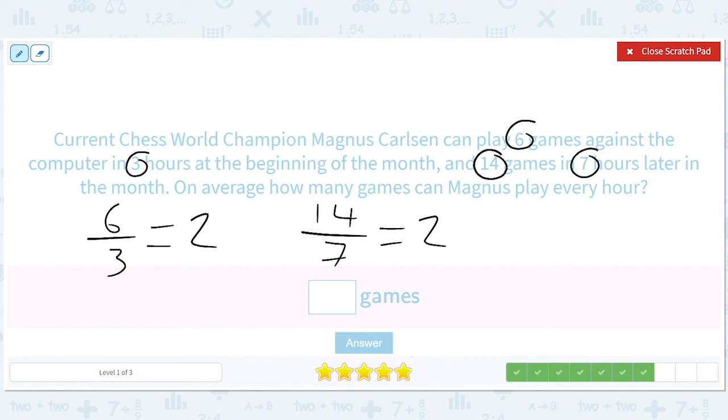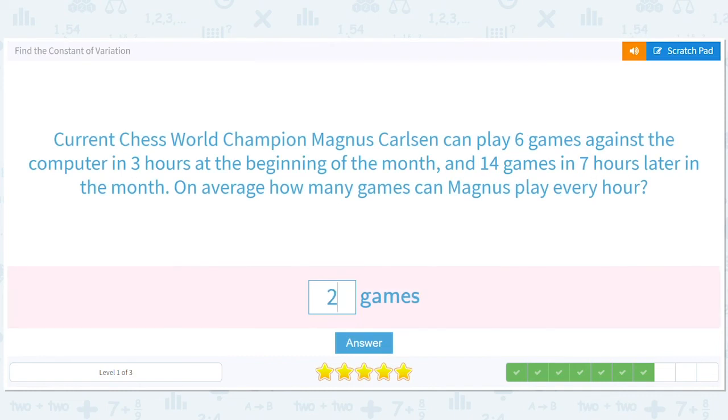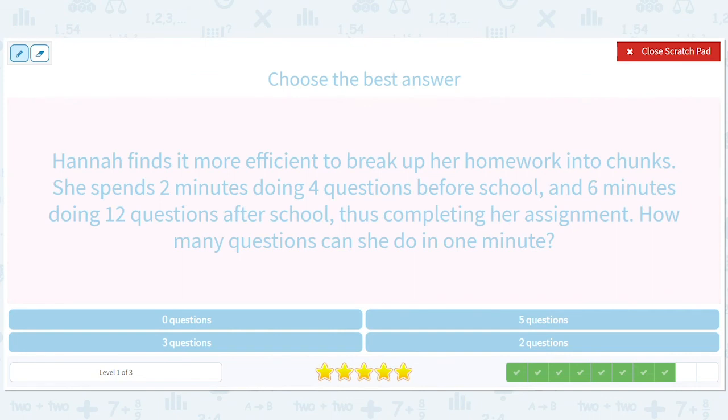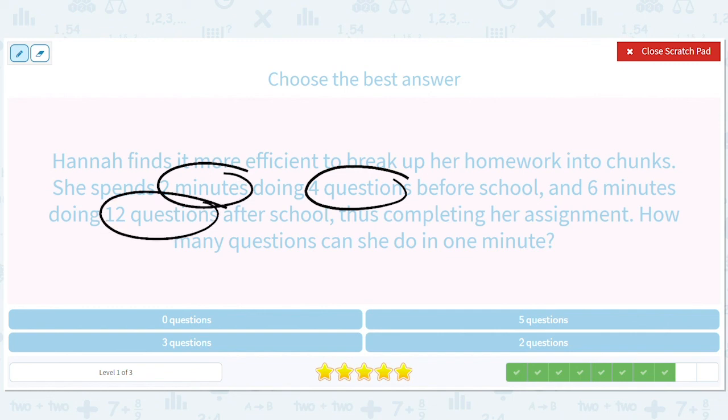So we have 2 and 2. All right. Hannah finds it more efficient to break up her homework into chunks. She spends 2 minutes doing 4 questions and 6 minutes doing 12 questions, thus completing her assignment.